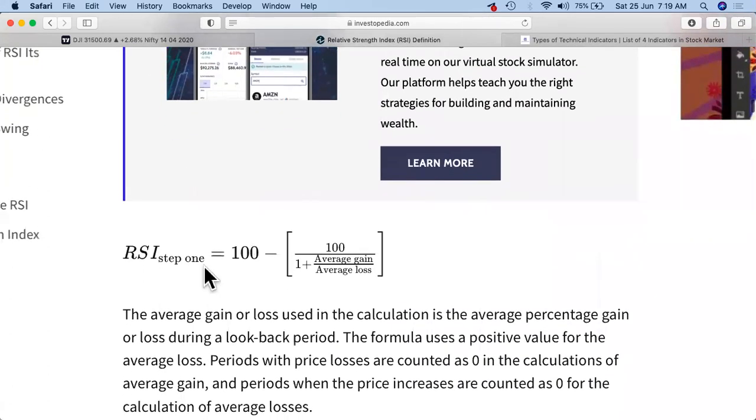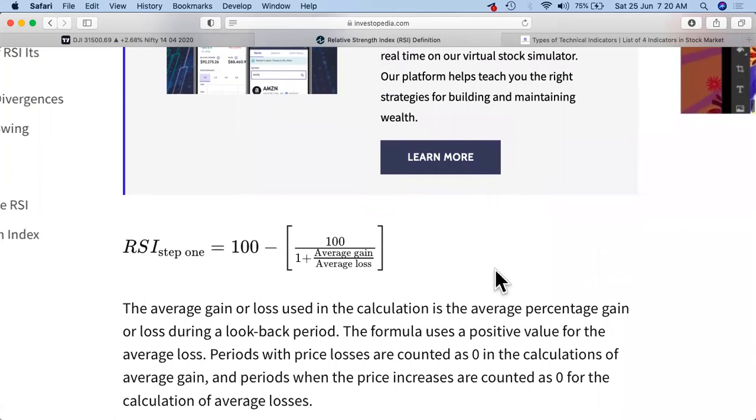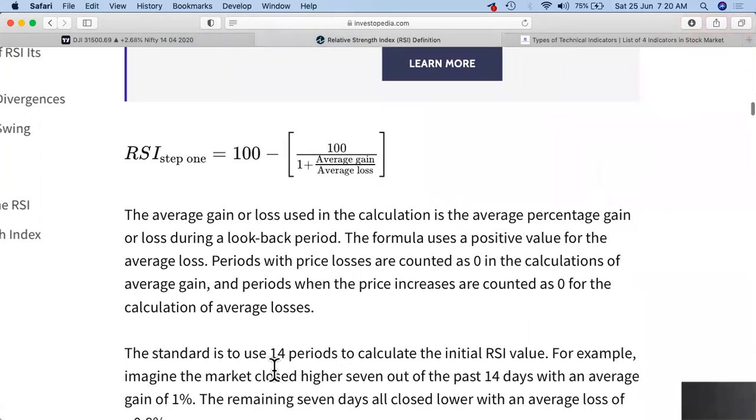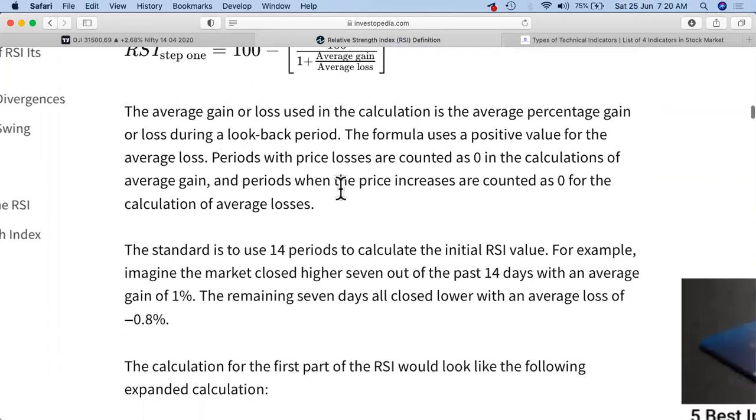So this is the formula for RSI. You can go into the details of that. You'll be able to get the details on Google. Just Google it. Here, for example, I have checked it on Investopedia, so I got the formula details, right? Again, as has been told, a 14 period is the standard used, and RSI, if you see, is 100 minus the rest of the parts, which again takes into account average gain and average loss.